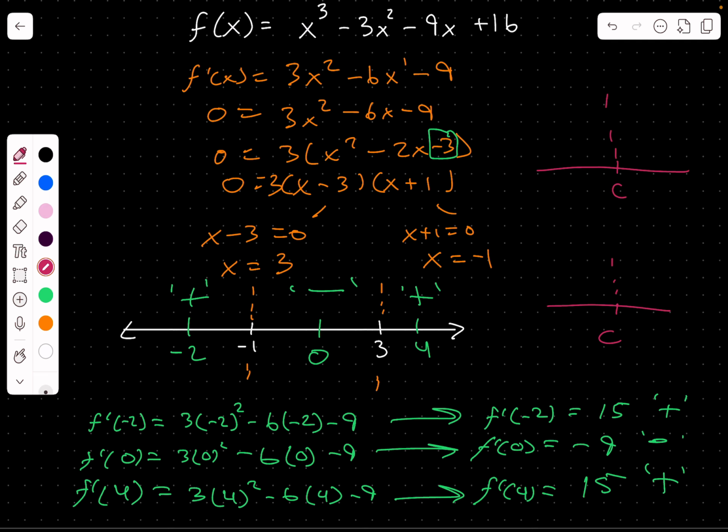All my little picture says is negative then positive, that's a min. Positive then negative, that is your max. Therefore, negative 1 is our max, and 3 is our min.